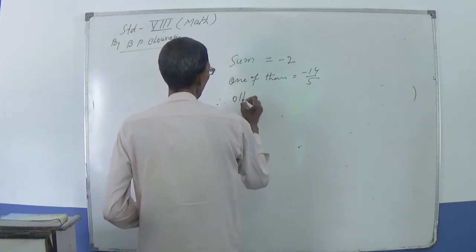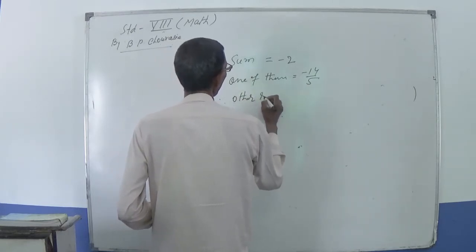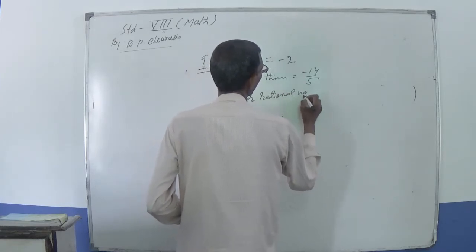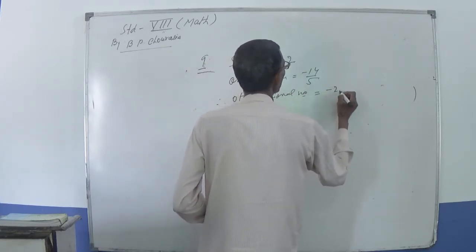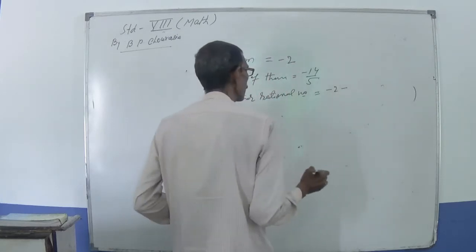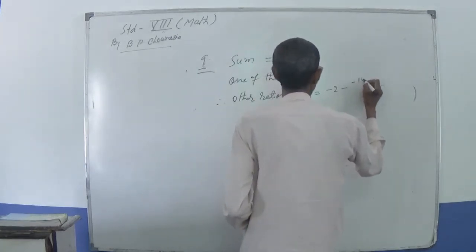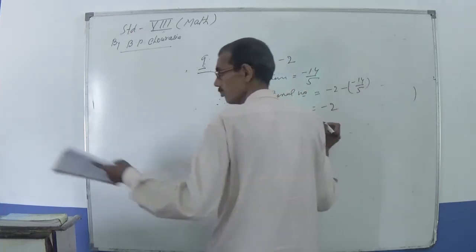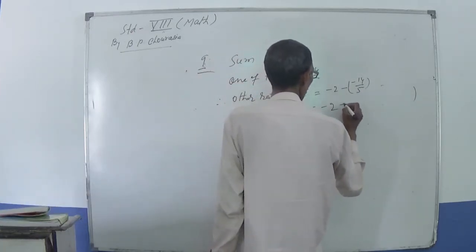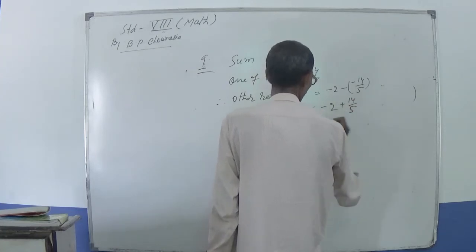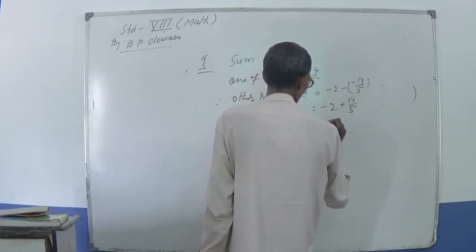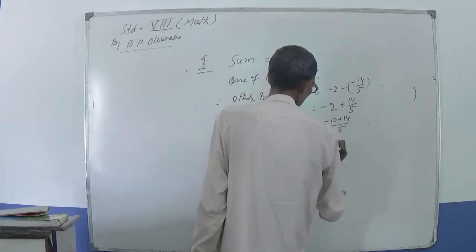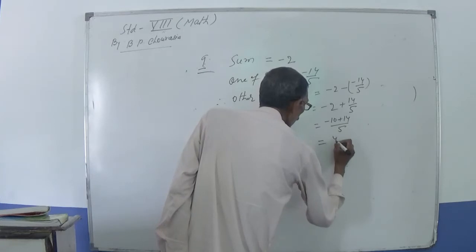Therefore, the other rational number is equal to minus 2 minus minus 14 by 5, which is equal to minus 2 plus 14 by 5, which is equal to minus 10 plus 14 by 5, which is equal to 4 by 5.